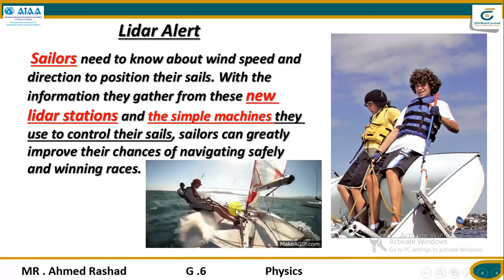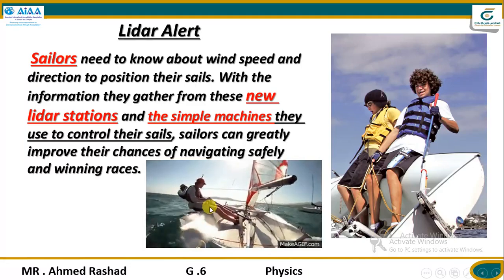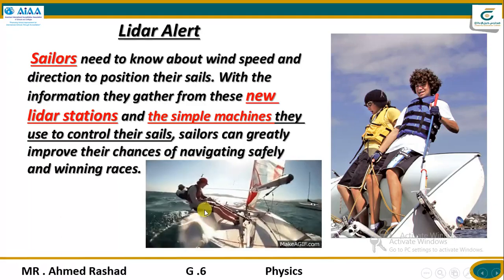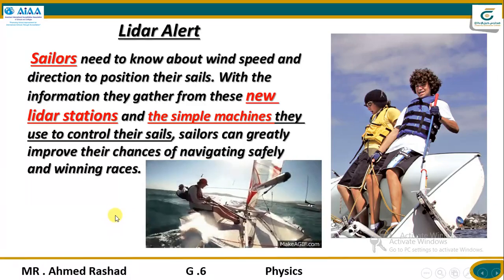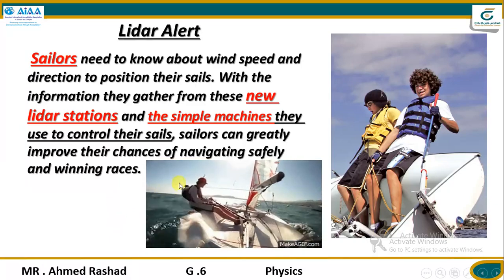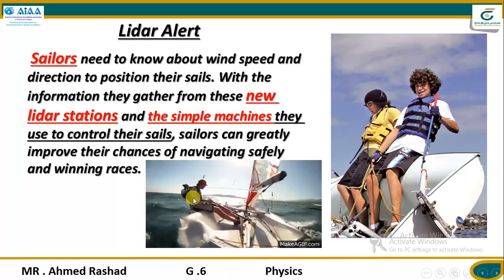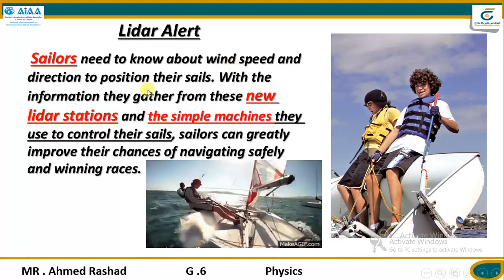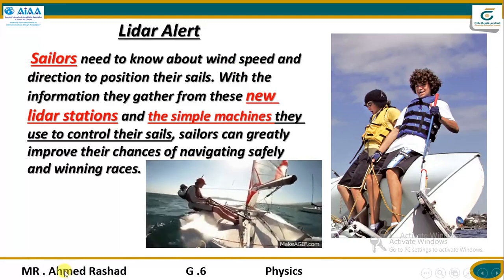And actually that helps sailors to navigate easily and win the races. So this is the opener of our lesson today, talking about helping sailors with simple machines to make sailing easier and to control the speed and direction of the wind. Now we can start our lesson today with point number 1.